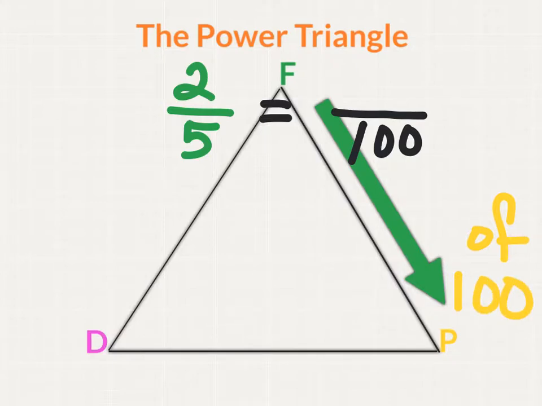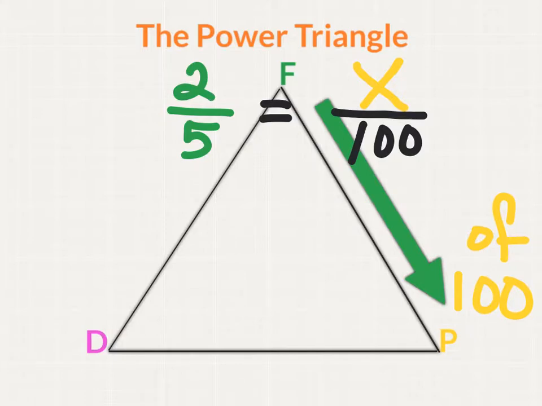So a percent is a number of value of 100. So 50% would be 50 of 100. So your percent is going to be the numerator in your new fraction where the denominator is 100.